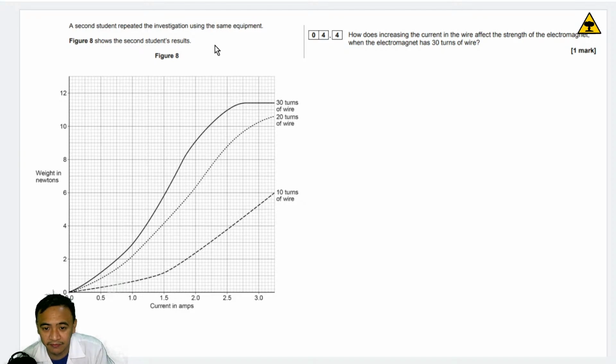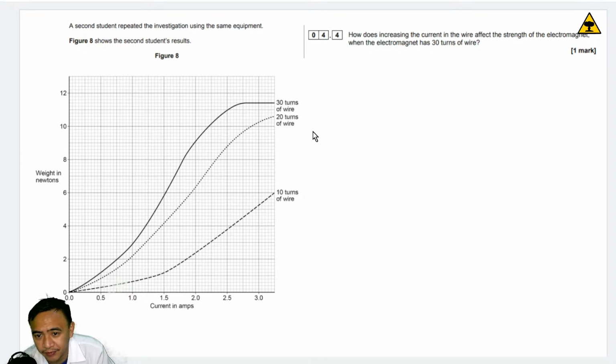Okay, maximum value. And what's the value of this maximum that we have here? It's about, I can't see it very clearly. Let's say 7. No, not 7. It should be around 11.4.